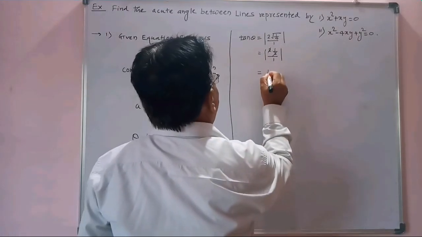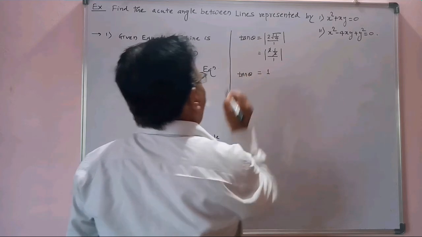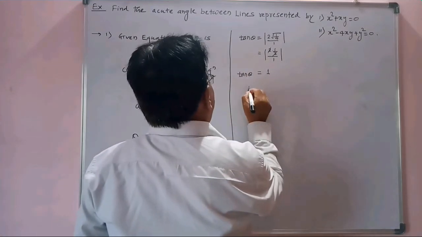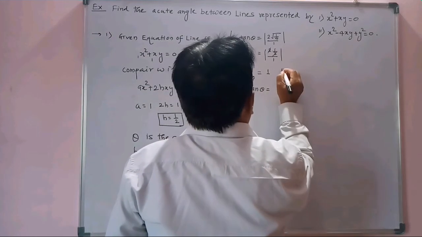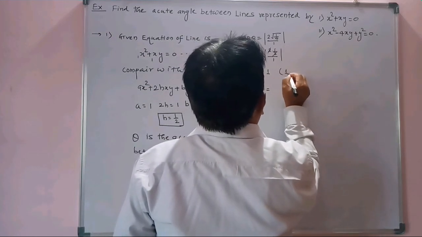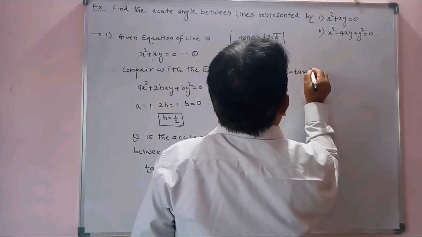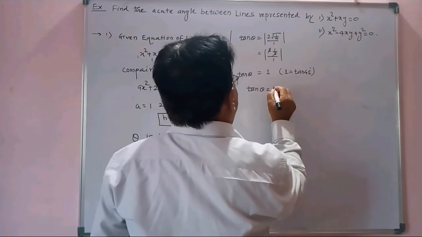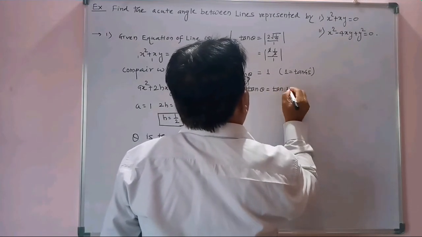Tan theta equal to 1. Therefore, tan theta equal to 1 means the value of 1 is tan 45 degree.